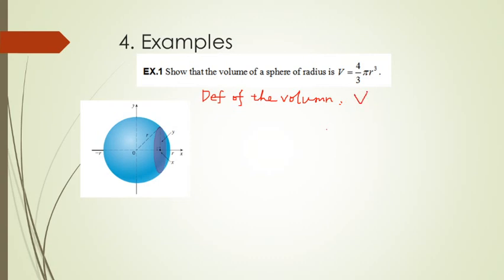That will be V equals the definite integral from a to b of A(x) dx. Now here, if we place the sphere in this way, then the lower and upper limits will be minus r to r. No problem, right? Minus r to r.